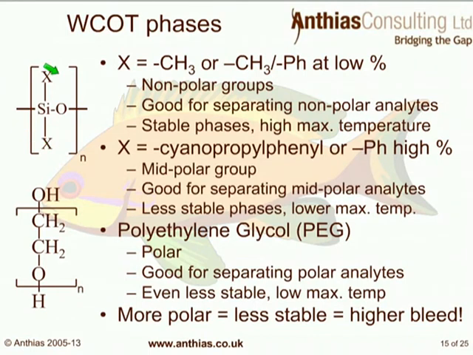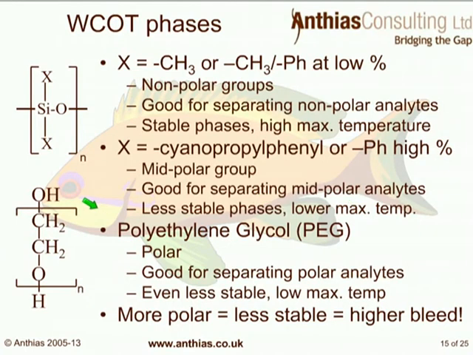If we replace the X here with a cyanopropyl phenyl, or just phenyl with a high percentage, say for example 35-50%, this is a mid-polar group, and it's very good for separating mid-polar analytes. However, these type of phases can be less stable, and therefore they have lower maximum temperatures.